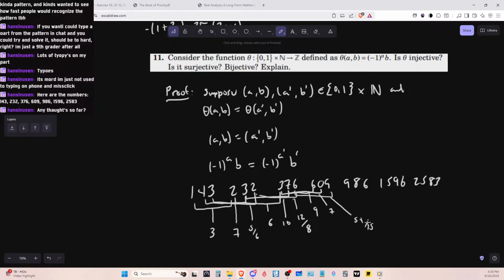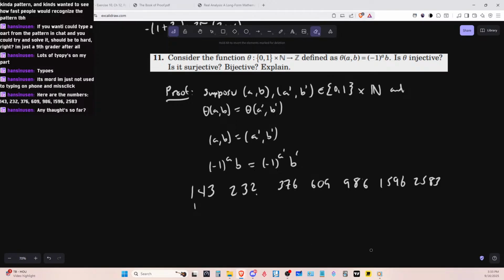Huh. It's not like 1, 2, 3, 4 or something like that, so that's not the pattern.